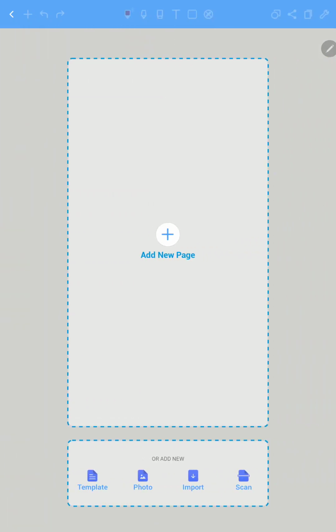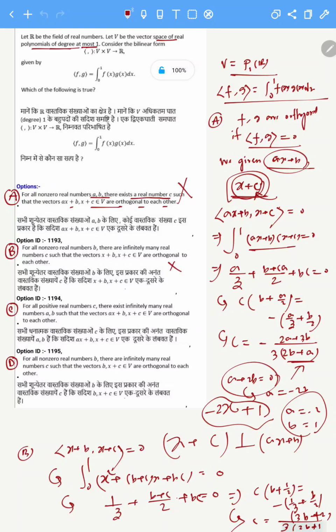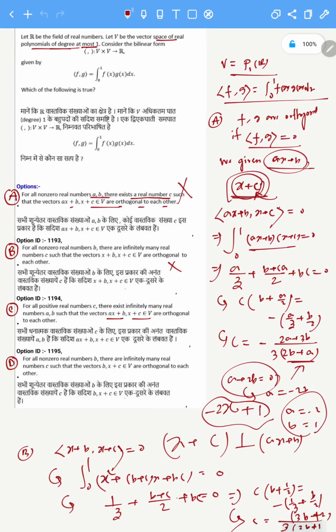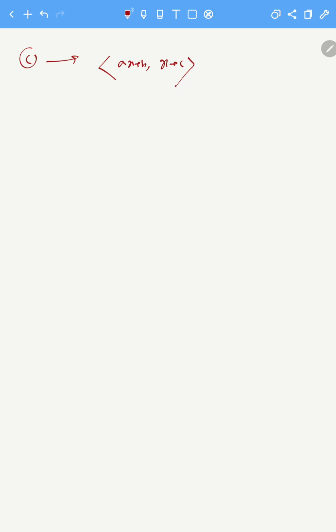Let's go for option C. In a similar way, ax plus b and x plus c orthogonal: the integral from 0 to 1 of (ax squared plus (b plus ac) x plus bc) equals 0.